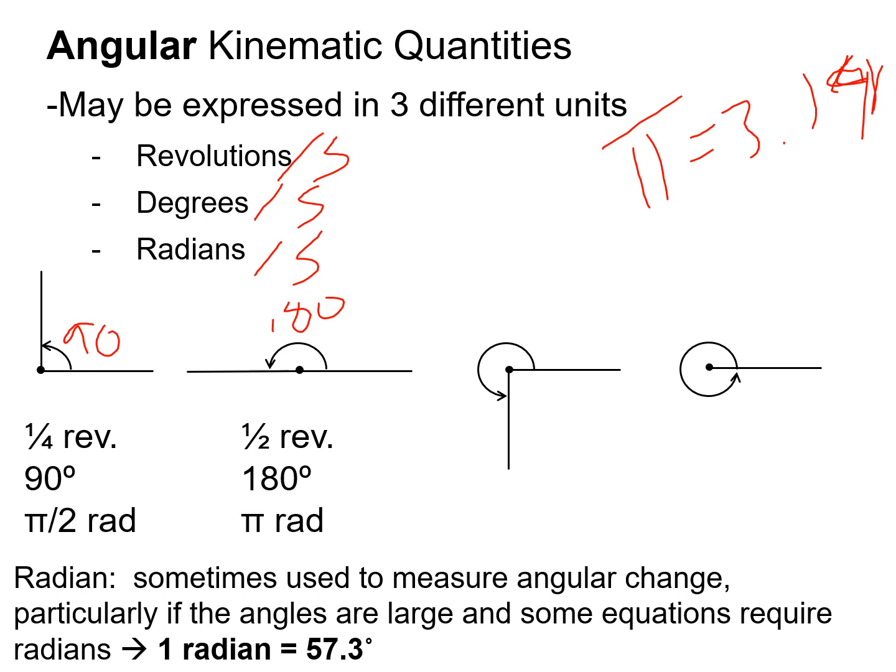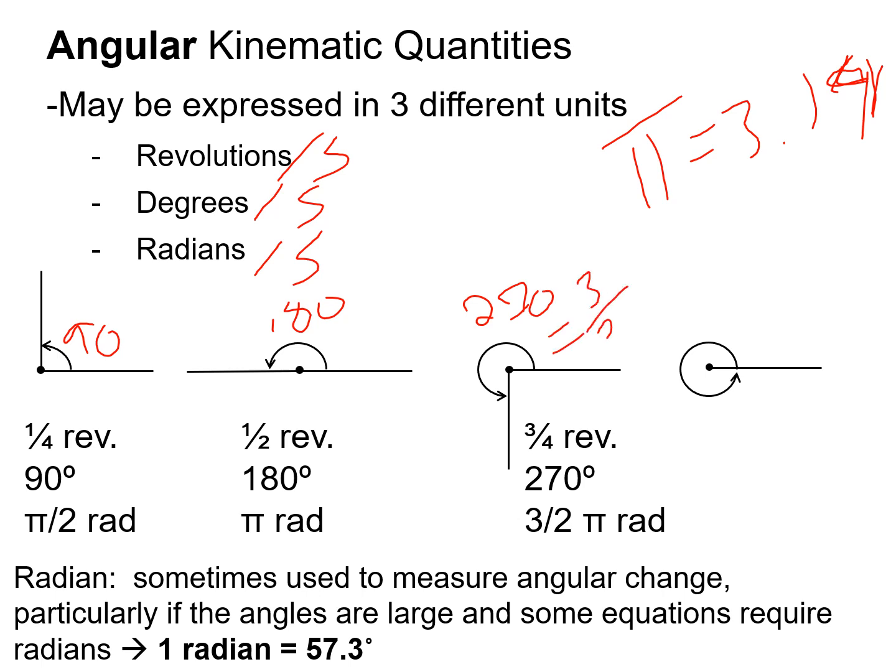For all the really cool people that can go beyond 3.14, I can go up to 10. I'm not that smart, but I'm a nerd. So we like counting pi as far as we can go. And then we have 3/4 of a revolution, 270 degrees, and that's equal to 3 halves of pi radians. And then finally, one full revolution is 360 degrees, and that's 2 pi.